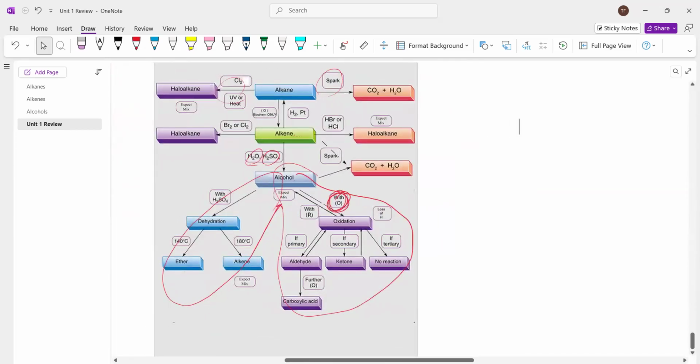Okay, so all of these reactions produce heat. Now, if you look at this one here, notice we go from an alcohol down to an ether or to an alkene. We have to supply heat. That means the alcohol is more stable than either the ether or the alkene from which it was derived.